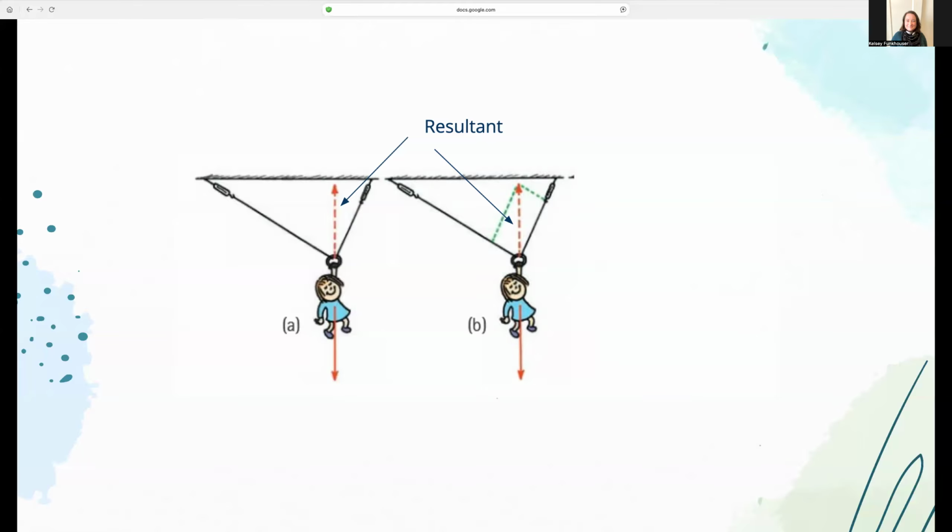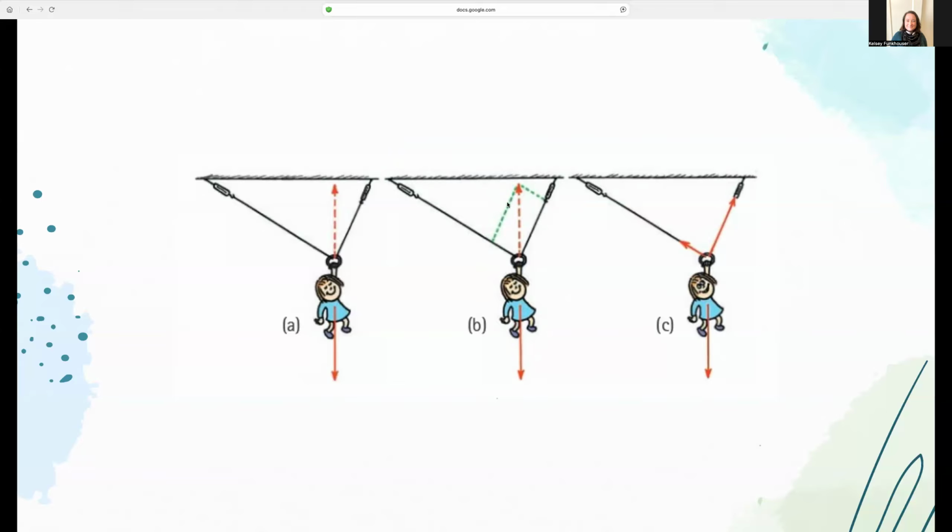So I think in this one we can see, this is kind of working backward from that first example, where we have the resultant because we know it needs to cancel out the gravitational force. And we can create our parallelogram from that. And then that tells us what the two forces are from the ropes.